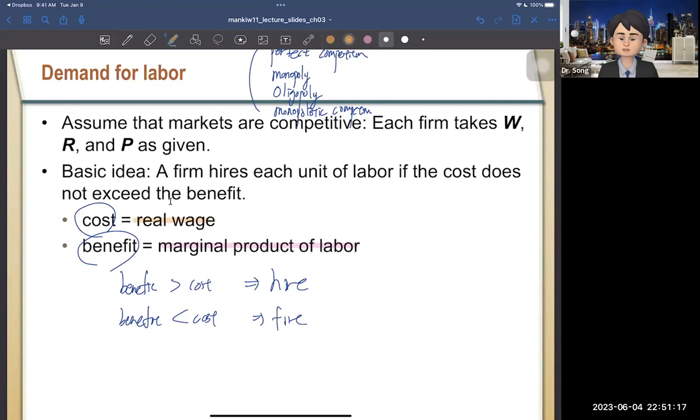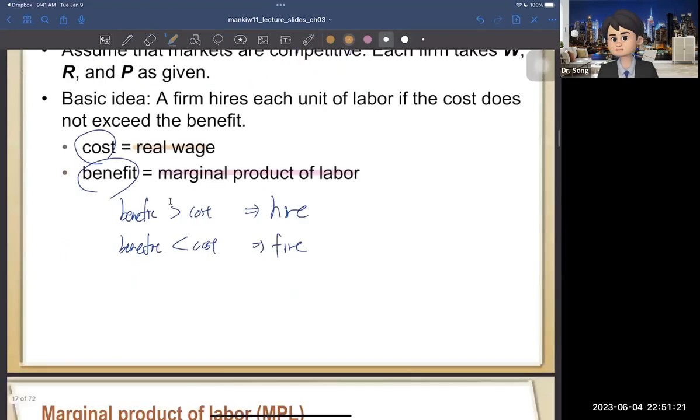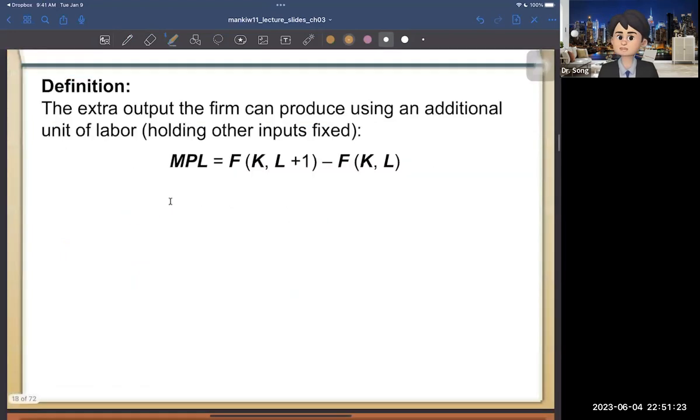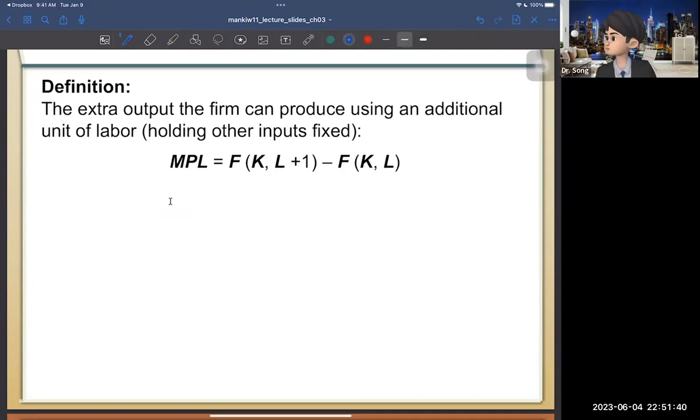So what about the marginal product of labor? It is the extra output the firm can produce using an additional unit of labor. That means, let's say that you hire one additional person and he will contribute output, right? So that's the marginal product of labor. So for example, you have one barista, one worker, and you have one espresso machine.